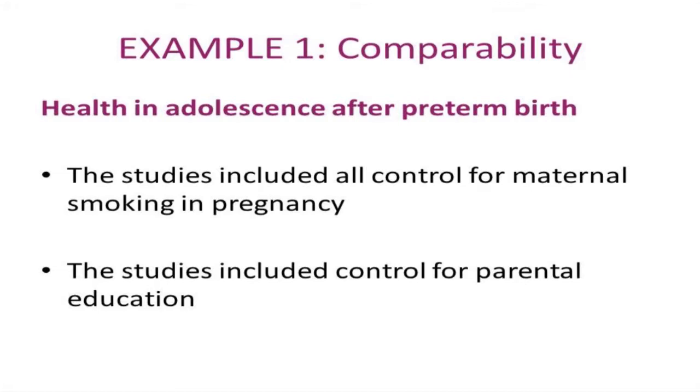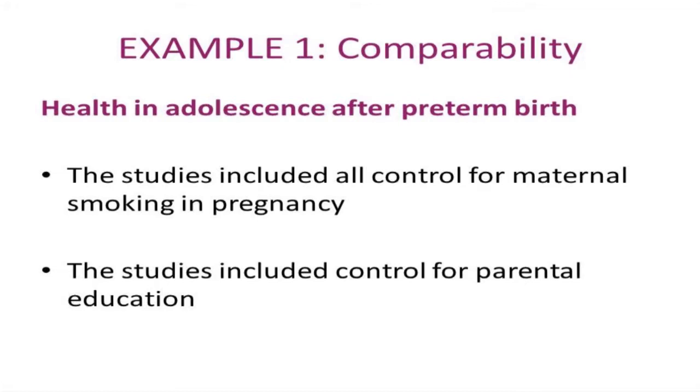I would suggest, for example, if you're going to study health in adolescents after preterm birth, you could set as one criterion that all studies included in your meta-analysis should control for maternal smoking in pregnancy. That would heavily limit the number of studies you could include. And you might think about, is that good? Or are you losing information that way? That's the flip side of the coin.